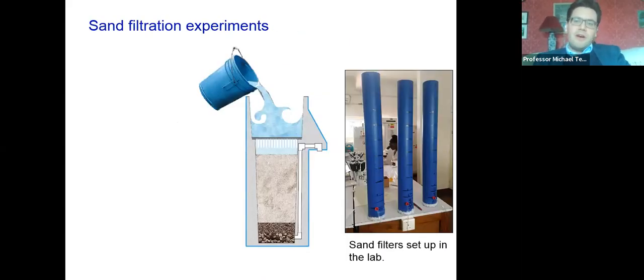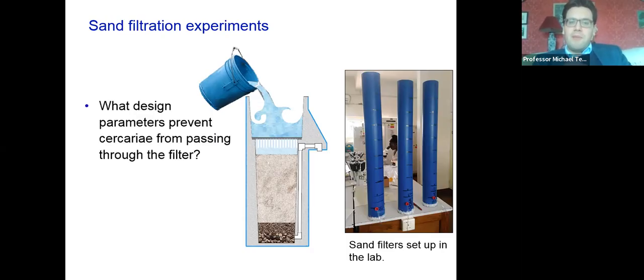Another thing we studied was sand filtration experiments. So here the idea was, what design parameters would you need to prevent cercariae from passing through a simple sand filter, like the ones that people might already have access to for purifying their drinking water in their homes.